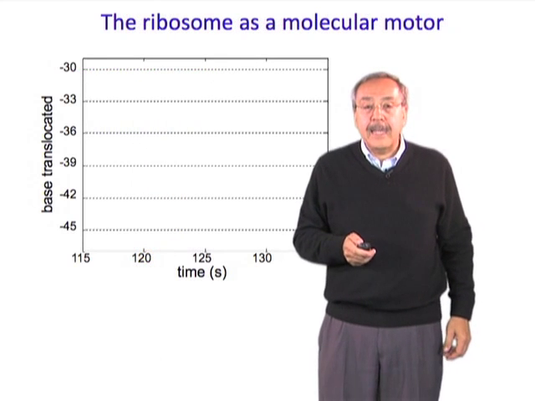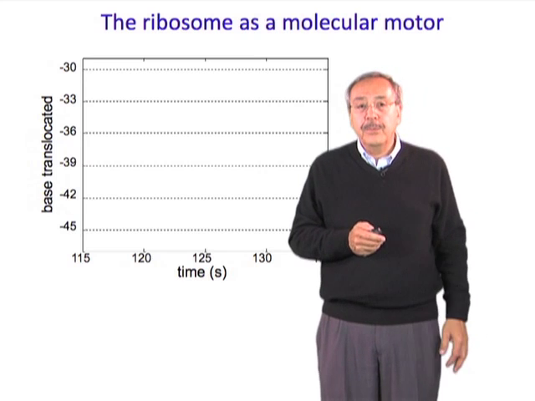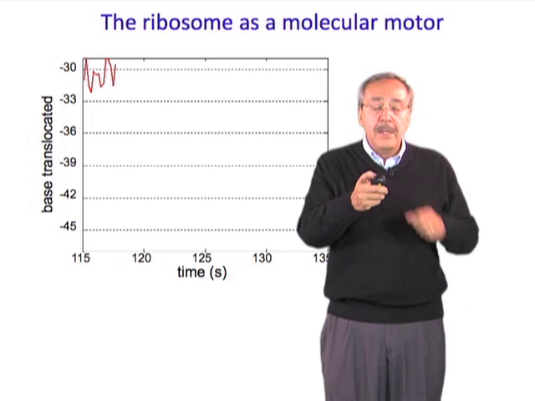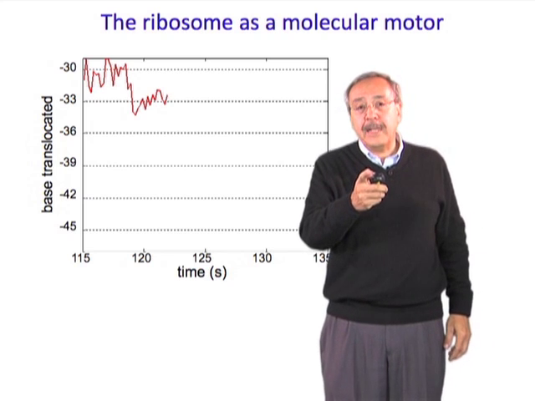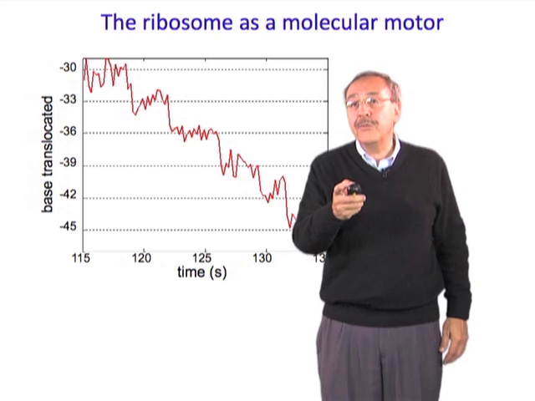And in that case, you can see, as shown in this movie, notice that the dashed lines are separated by 3 base pairs, and you see that actually the ribosome strictly moves along the mRNA by a codon at a time. And we can follow that in real time.